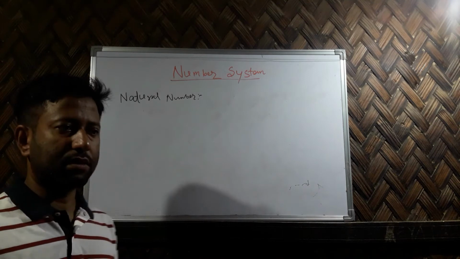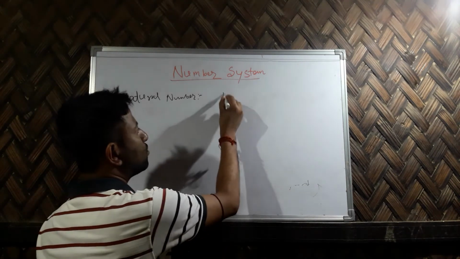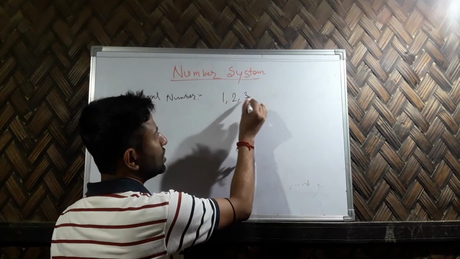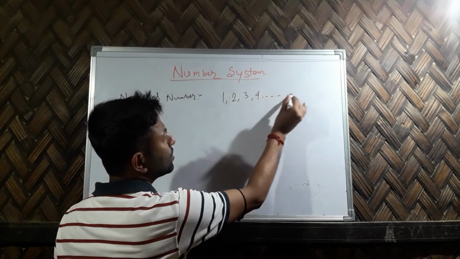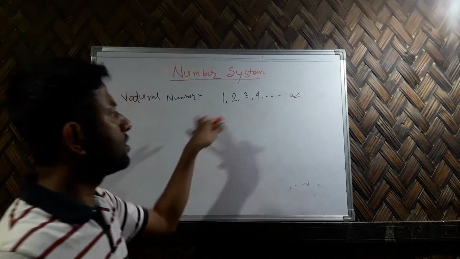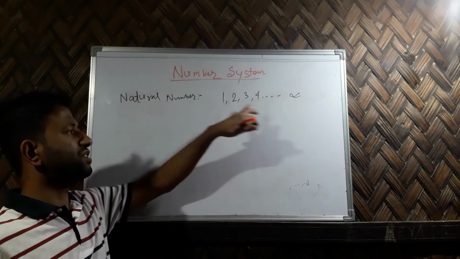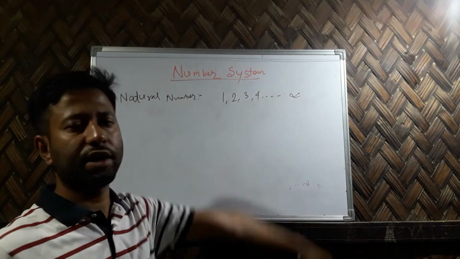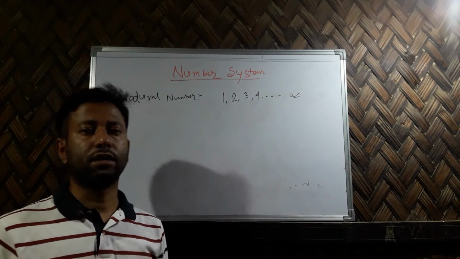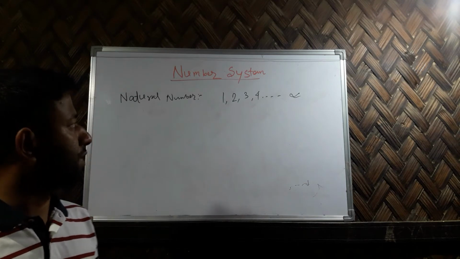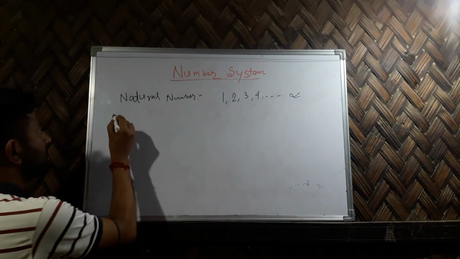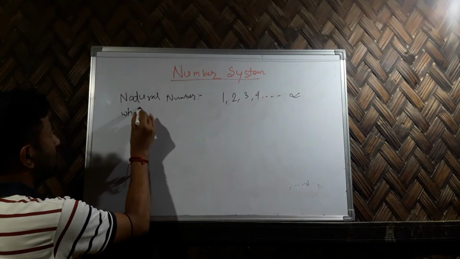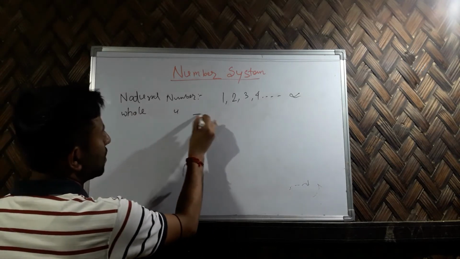Natural number means that if we start from 1, 2, 3, 4, dot dot dot, up to infinity, all these numbers, beginning from 1 to infinity, are known as the natural numbers. Now the next number is called whole number. What is whole number?